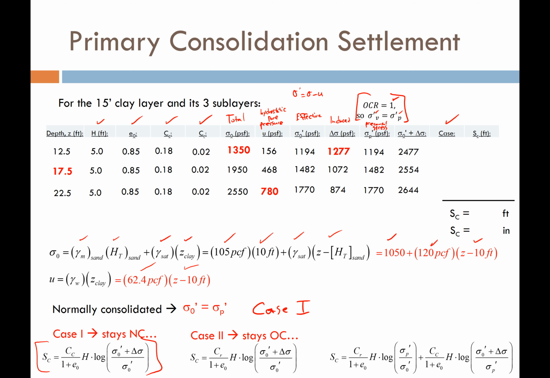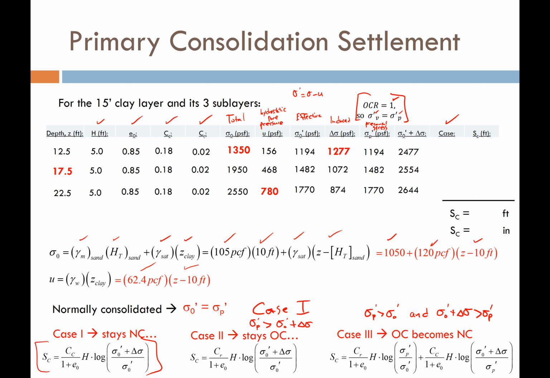If it was case 2, where the soil stays over-consolidated, meaning that the pre-consolidation stress is greater than the initial effective stress plus the induced stress, then it would be case 2. If the soil was a case 3, meaning the soil started over-consolidated, but became normally consolidated after we applied the induced stress, then that's going to be a case 3.